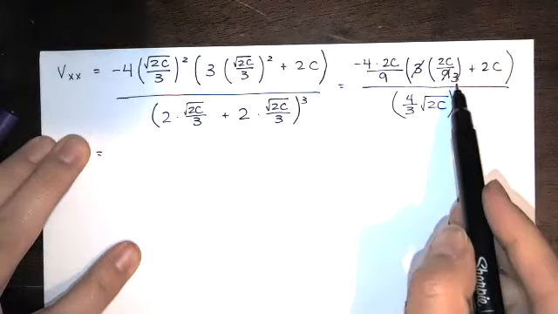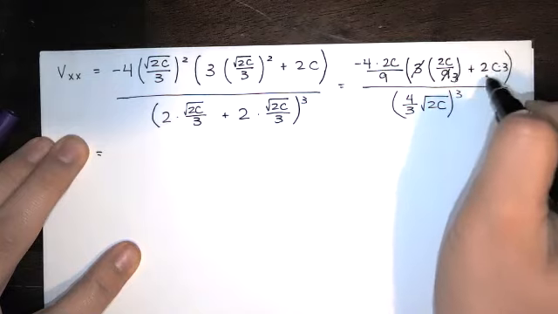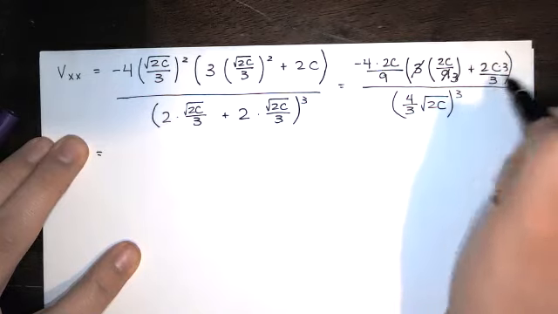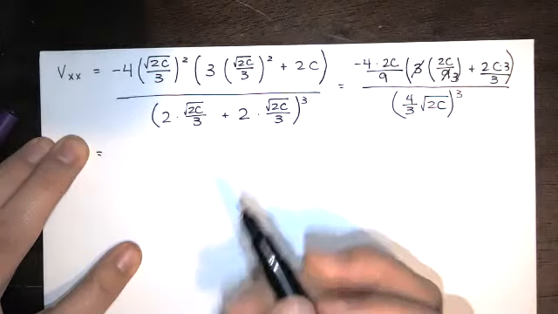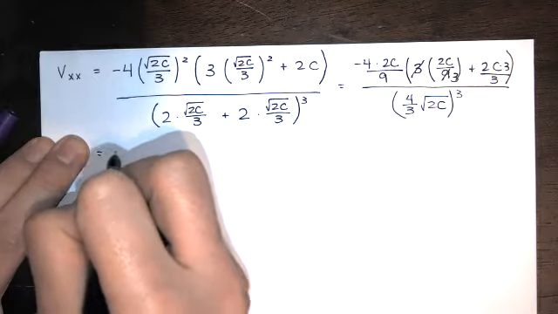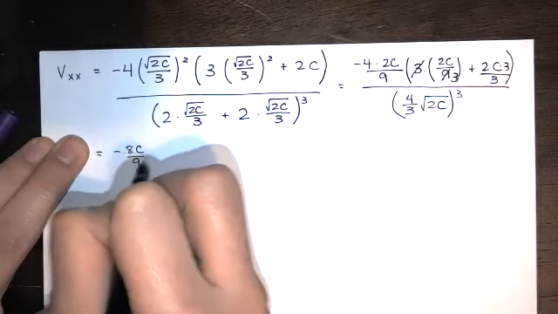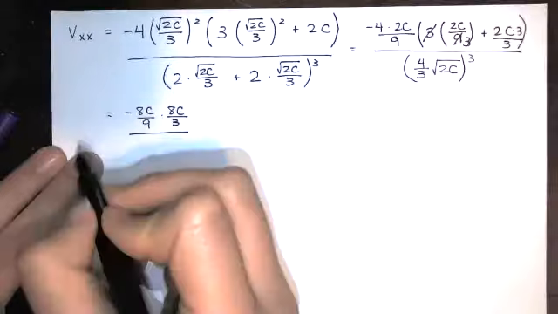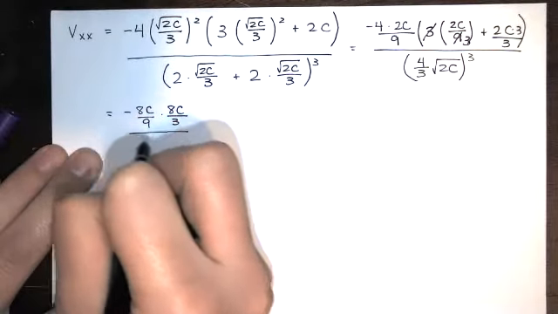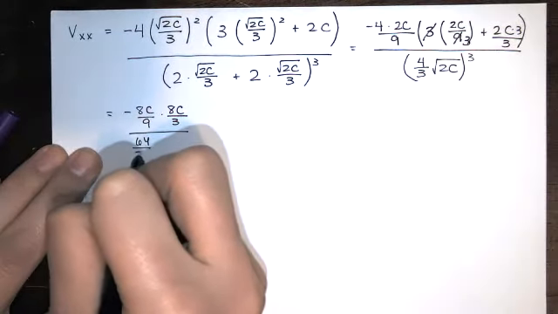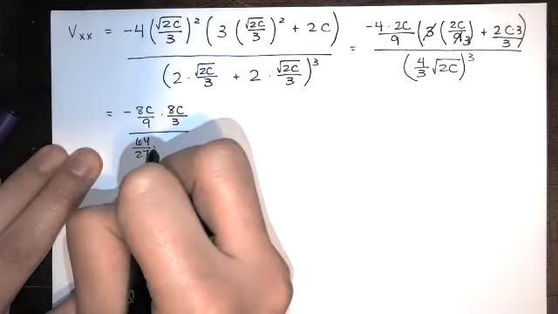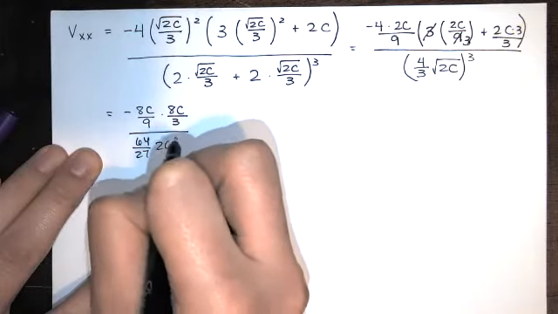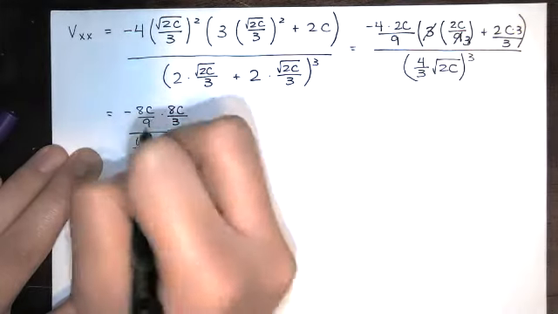So I've got 2c over 3, and then this is 6c over 3. So that would be 8c over 3 there. We've got negative 8c over 9 times 8c over 3 divided by something positive. We're going to have 64 over 27 times 2c times the square root of 2c down there.